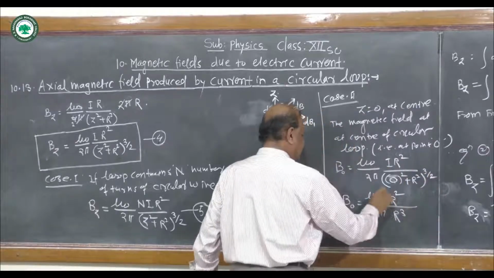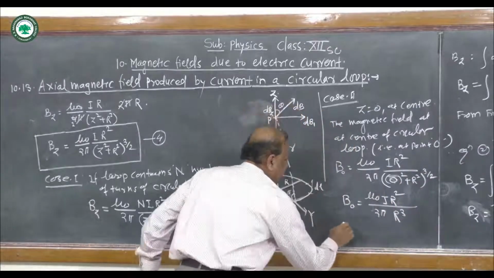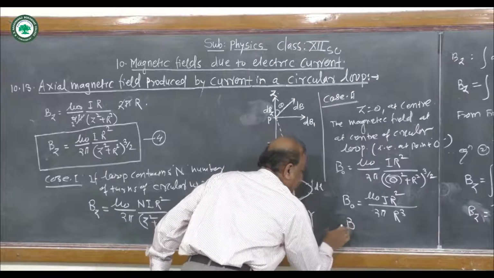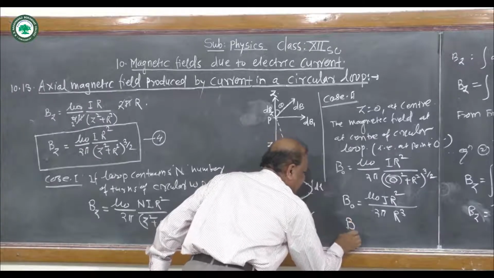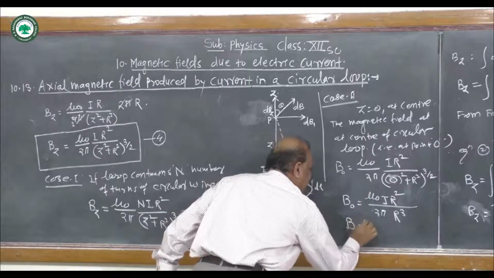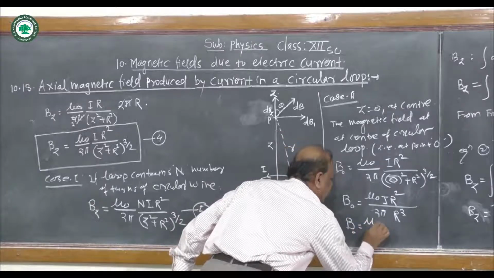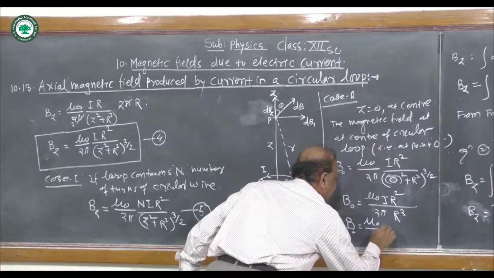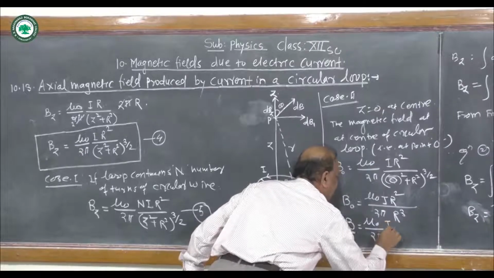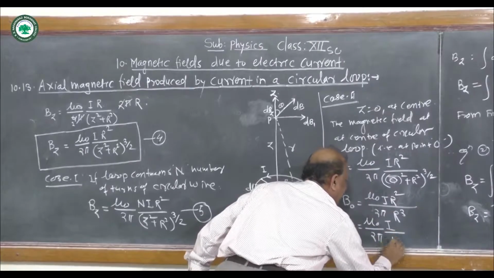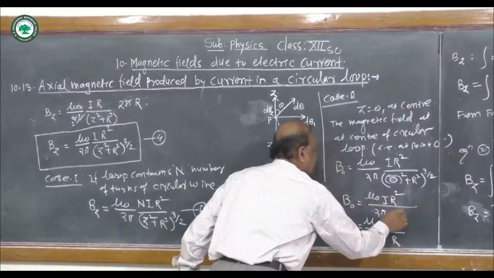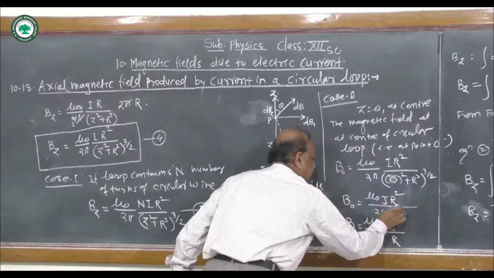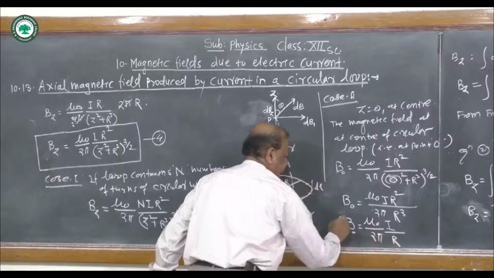These two get cancelled, and the magnetic field at the center of that circular loop is mu 0 upon 2 pi into I divided by only r. This r square cancelled with r square, only r is remaining here.